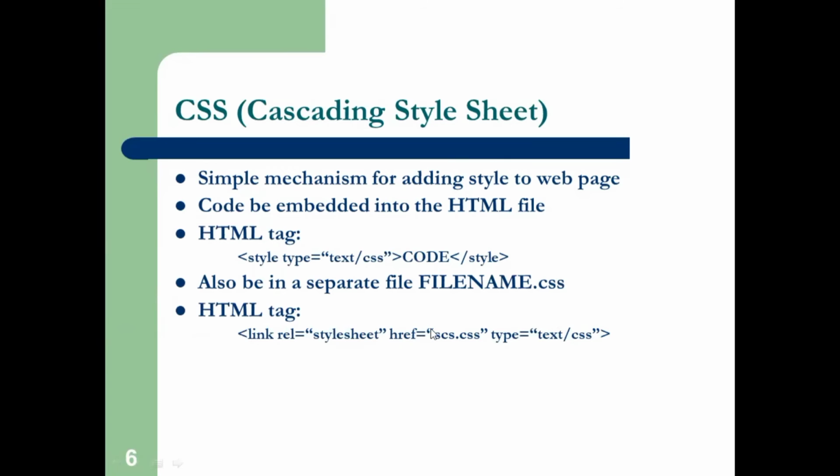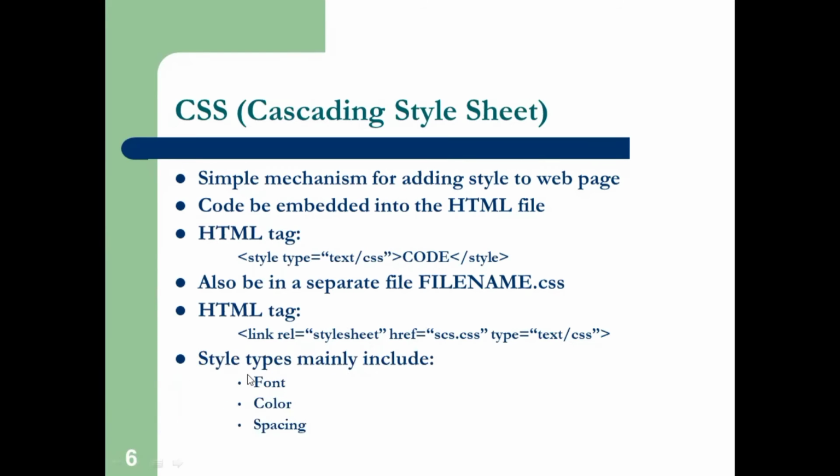In href, the reference of that file, we add that file's location. Here we add the location of that CSS code and add type text/CSS, and then the relation is stylesheet. This is a style sheet code that adds styling to our web page.